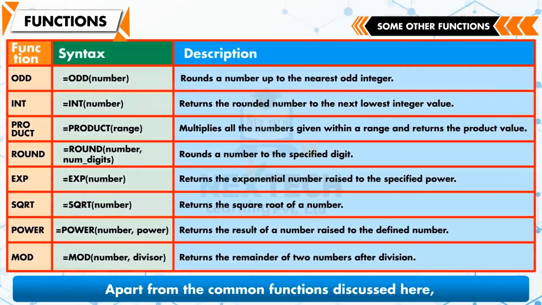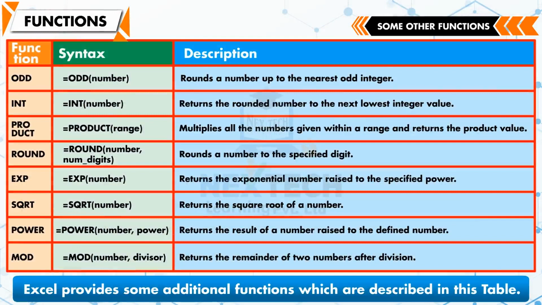Some other functions. Apart from the common functions discussed here, Excel provides some additional functions which are described in this table. Function, syntax, description. Odd: rounds a number up to the nearest odd integer. Int: returns the number rounded down to the next lowest integer value.